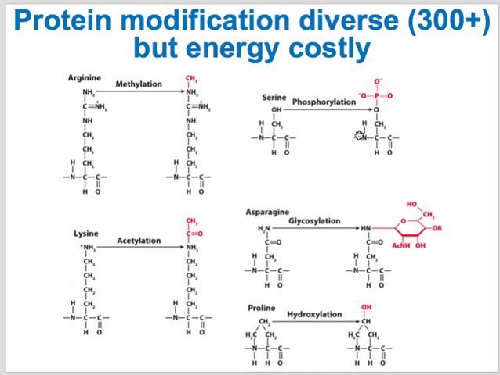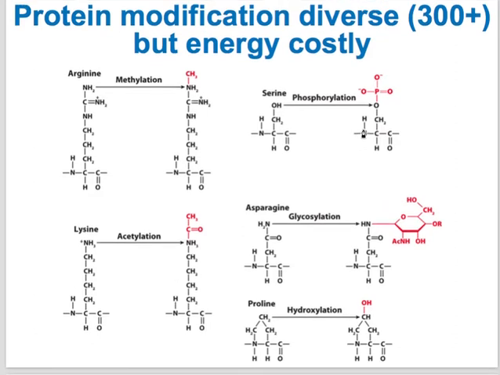Okay, so we talked a little bit about RNA and DNA modifications. We will meet all of these as we go on. Protein modifications, there are tons. Like we said, with tons of variable R groups, amino acids are just easier to modify in general, so you can add tons of different stuff to different amino acids.